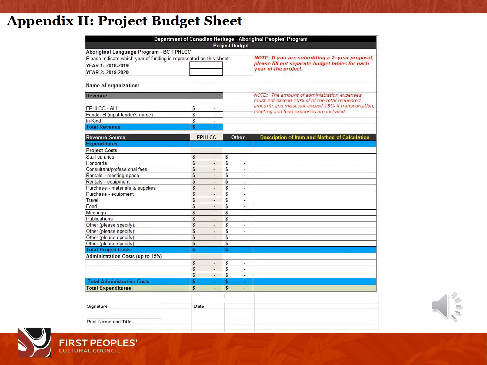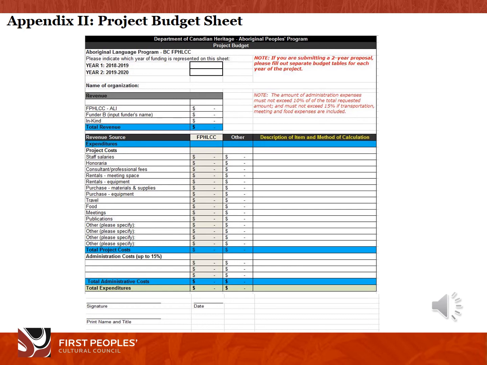Under Revenue Source, identify each expenditure or project cost. Please indicate the cost for each expenditure that will be covered through the ALI program and the amounts covered by other revenue sources in their respective columns. Make sure to provide a detailed breakdown of how each cost is calculated.